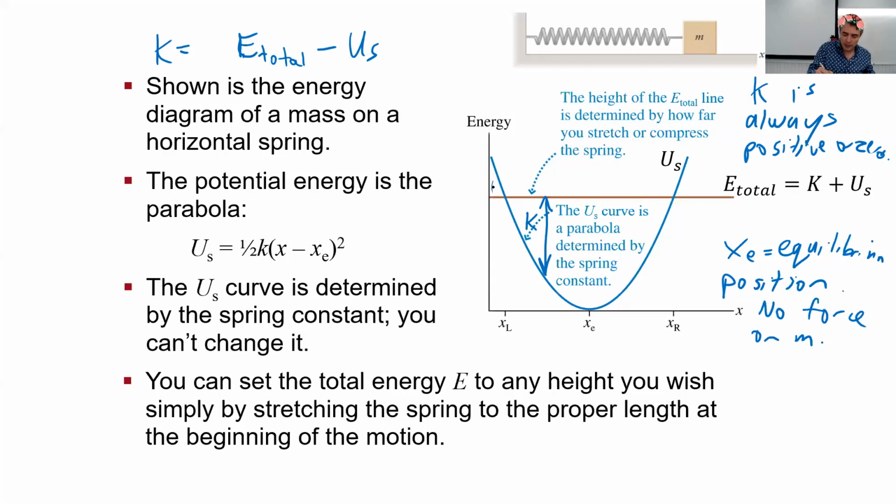So if you were over to the left of this point or to the right of this point, the only way to be able to go over there would be to have negative kinetic energy, and you can't have that, so those are the turning points. This is where kinetic energy goes to 0, K equals 0 and K equals 0. We call those turning points because that's where the speed goes to 0 and then it turns around. So what happens in reality is that it goes back and forth. It's called simple harmonic motion. We'll talk more about that later.